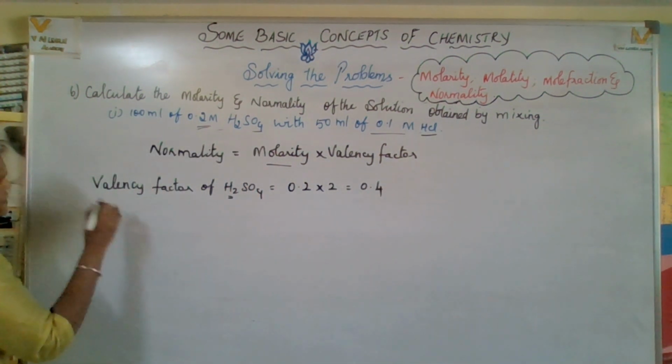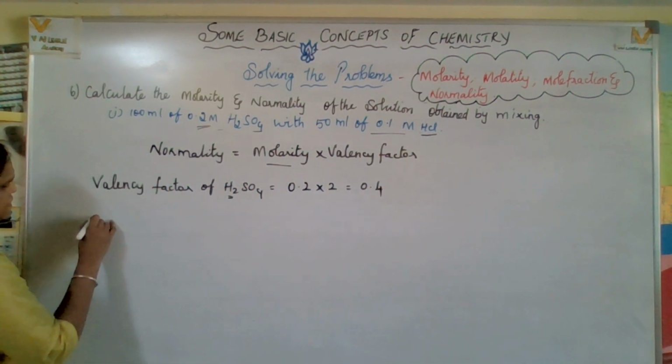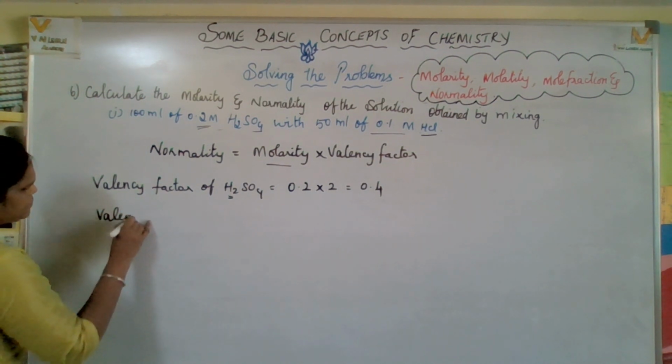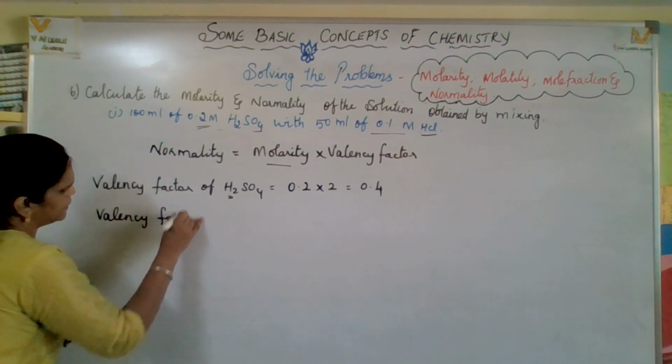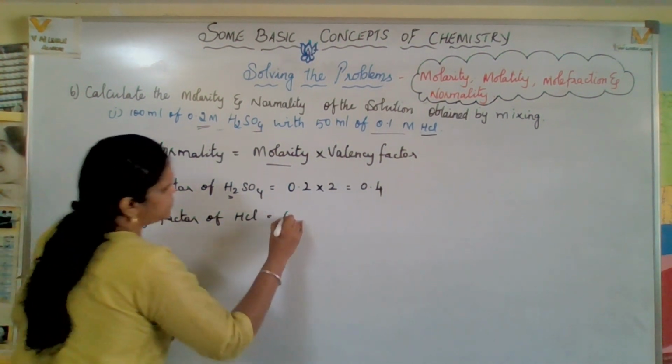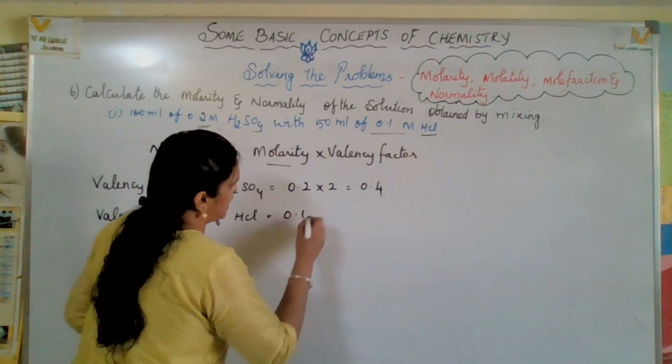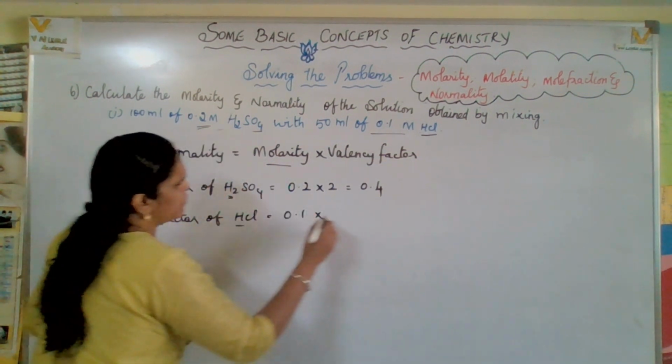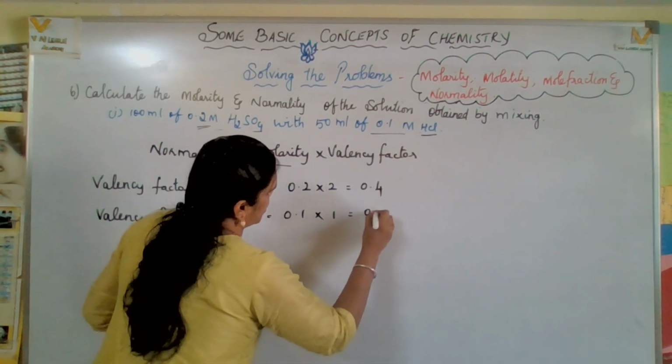Right. Now in the same way, the next one, HCl. The valency factor of HCl is 1. They have given the molarity of HCl as 0.1, so the normality is 0.1.